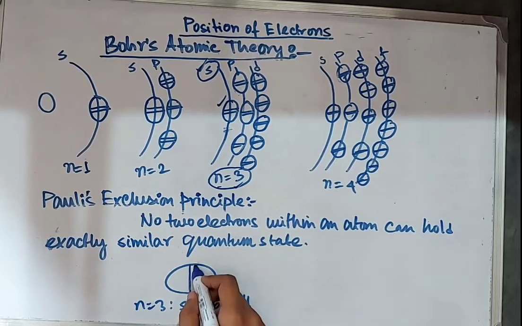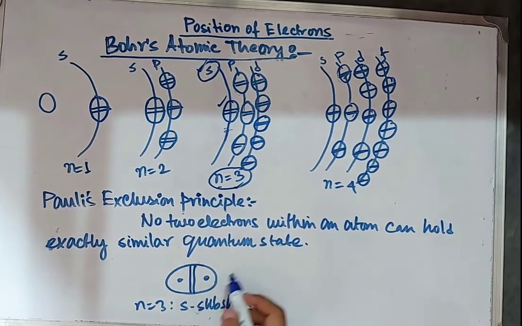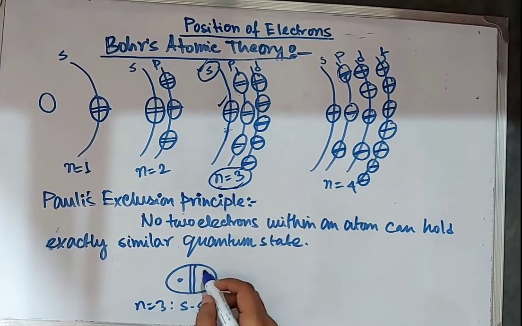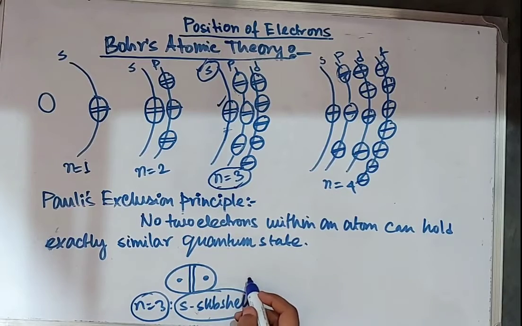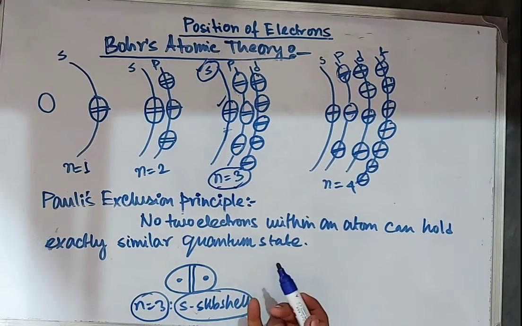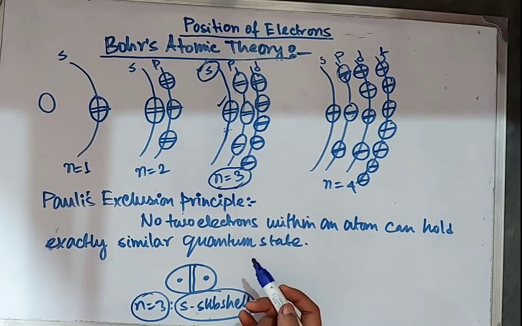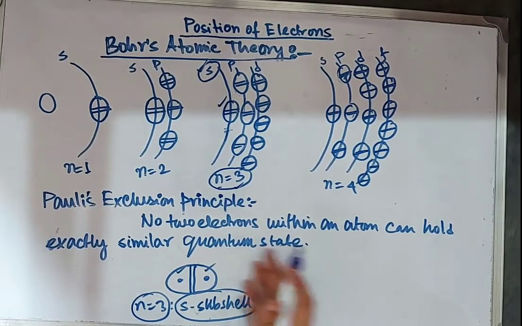In this orbital there are two electrons. If we don't have the concept of spin quantum number, we cannot differentiate these two electrons because they have the same principal quantum number and the same magnetic quantum number. Are they identical? We don't have any factor which can differentiate these two electrons from each other.